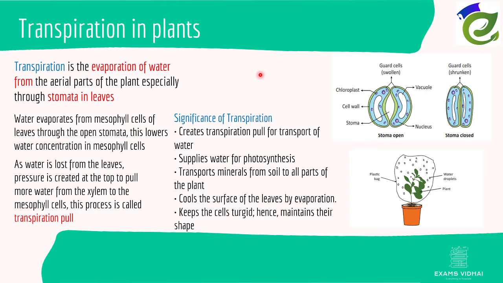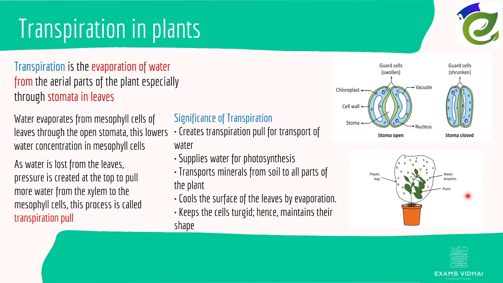So we have learned that the root pressure caused by the roots will cause the water to go up, and even the transpiration pull will also cause the water to come up to the leaves. So these two factors create an upward movement of water from roots to leaves.